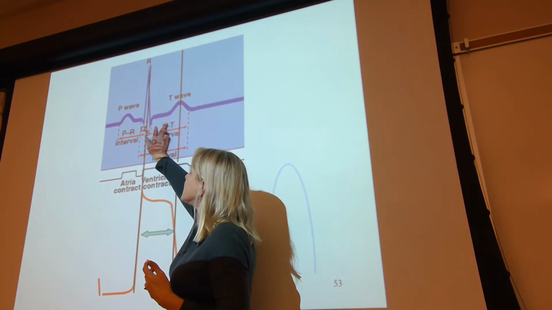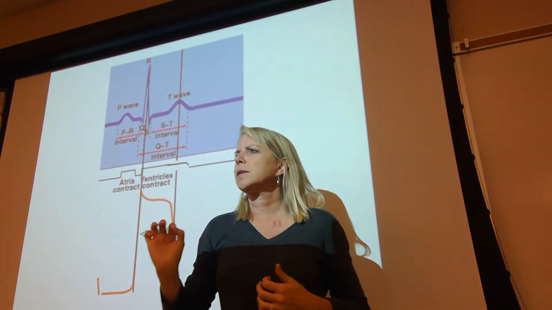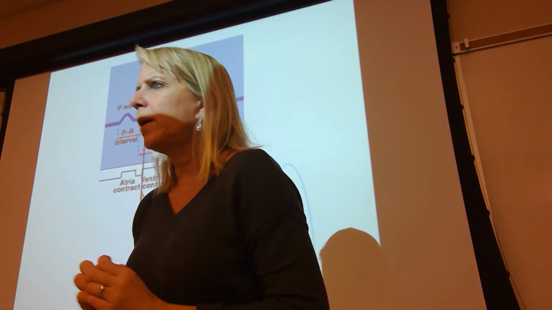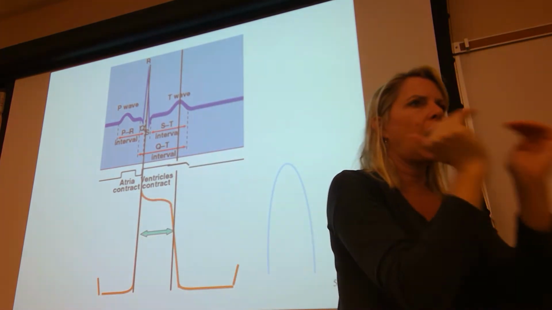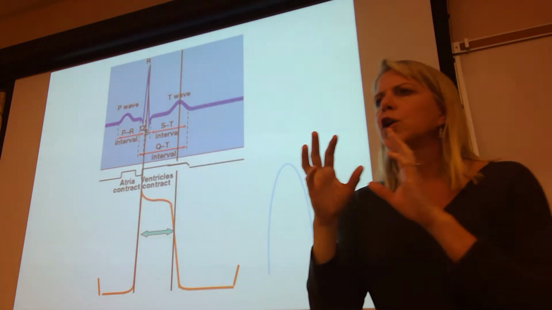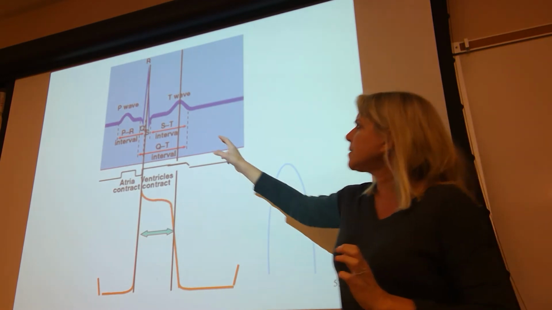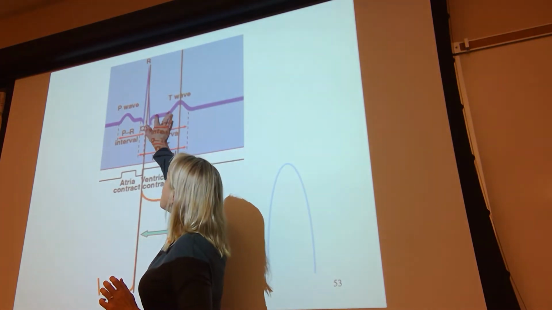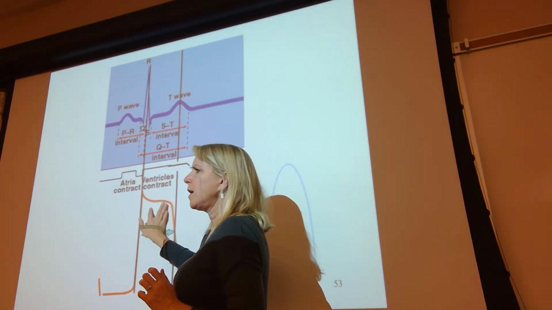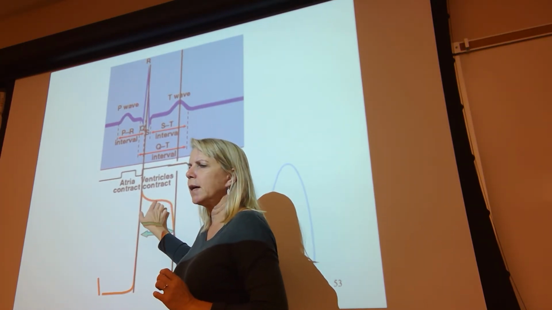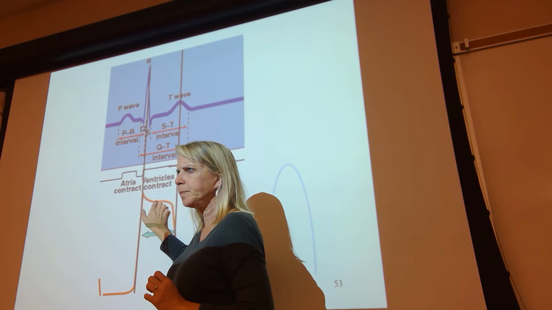The ST segments, all the segments I'm about to teach you, they are flat lines. They are when the pen goes back to baseline. The ST segment correlates with phase 2 of the contractile cell action potential.